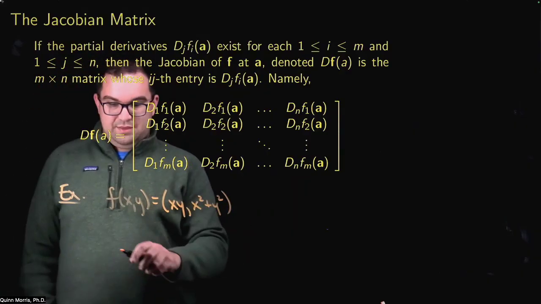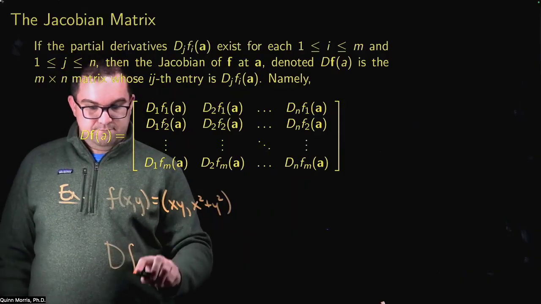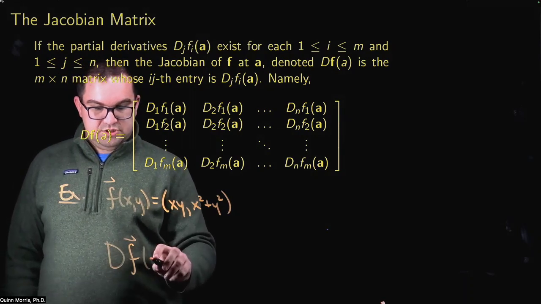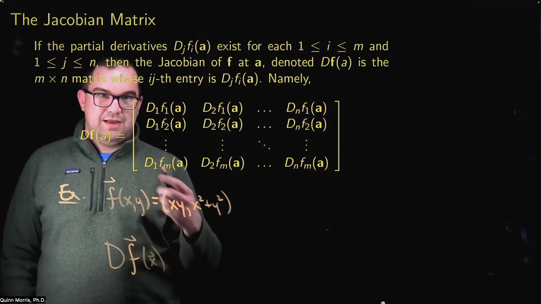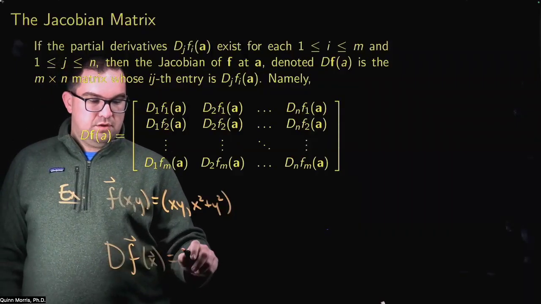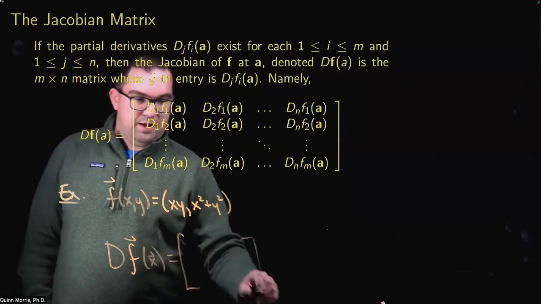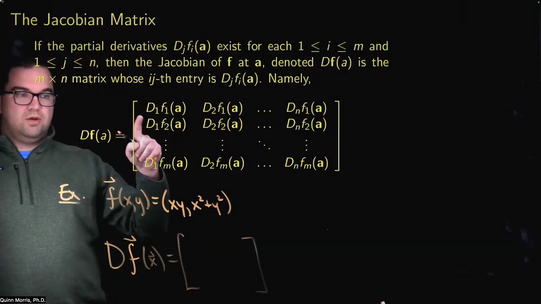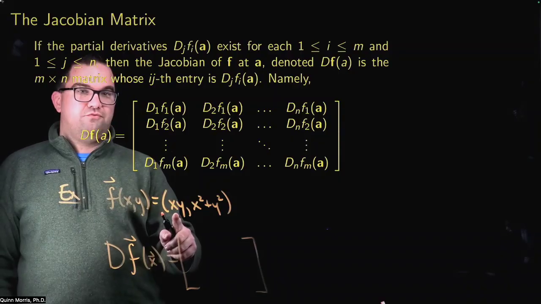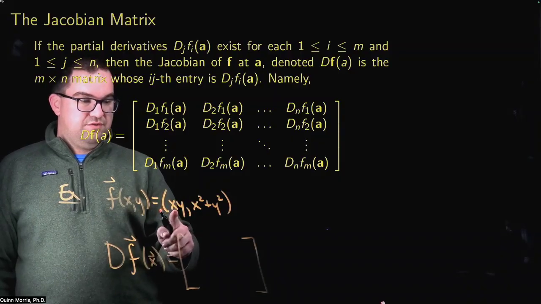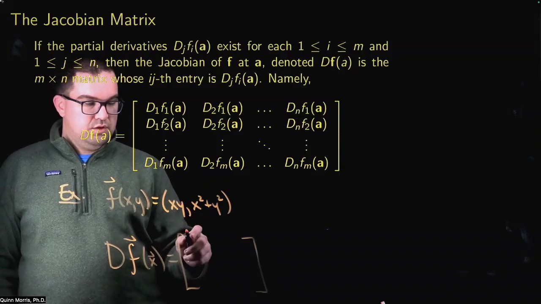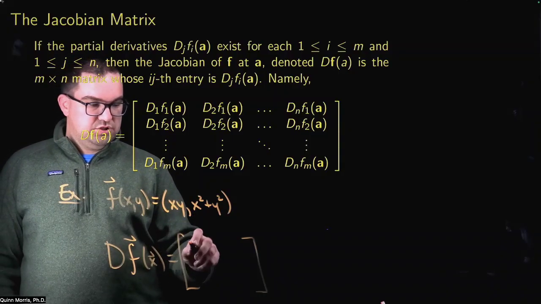If you want to calculate the Jacobian at an arbitrary point (x, y), then what is this? Well, the first component is the derivative with respect to the first variable of the first component function. So the derivative with respect to x of x times y would just be y.